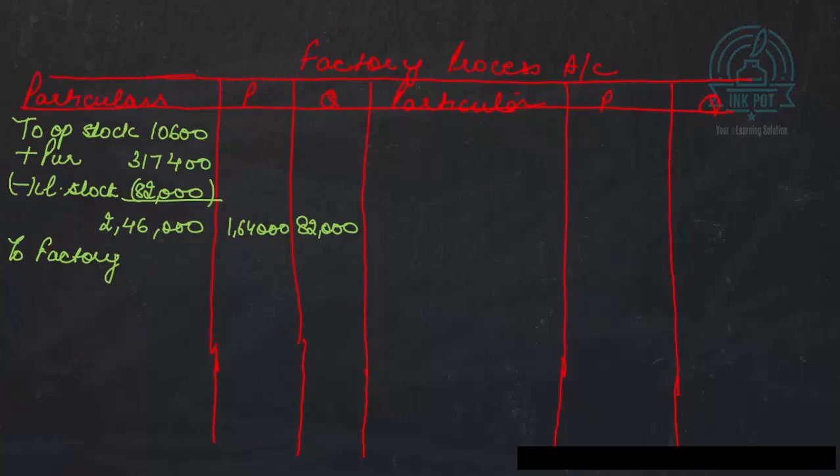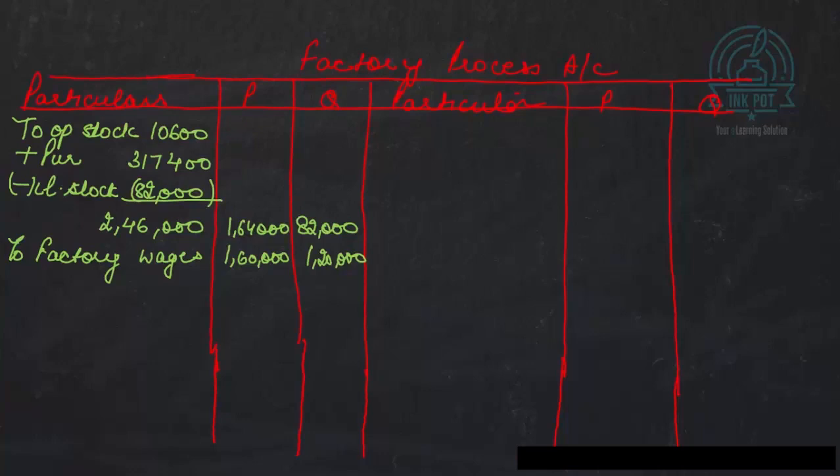So factory wages are 160 and 120. Right? In case we are asked to calculate the cost per unit also, then we will prepare 4 columns on each side. P cost per unit, Q cost per unit, again credit side P cost per unit, Q cost per unit. So we will calculate cost per unit by dividing it by output.